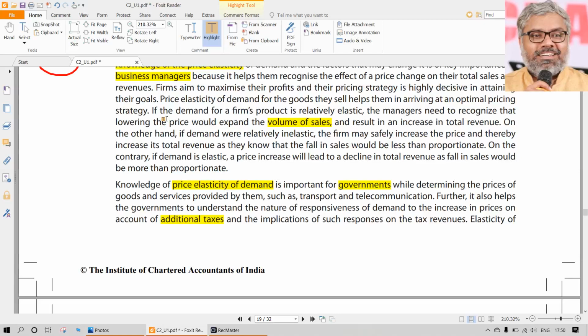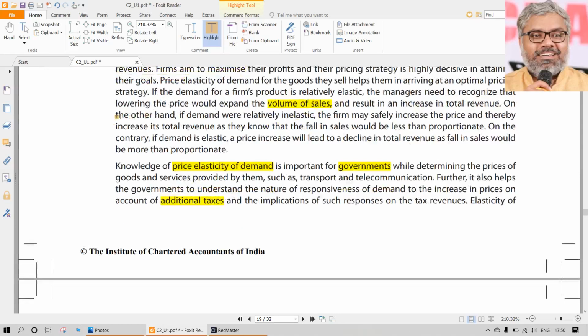Our television channels will not keep quiet. They will put their mic inside people's mouths. So then people will say, oh, what is this? The price of diesel cannot be increased. They're burdening the common man. Like this, 100 people will talk. This is common when the price of petrol is increased.